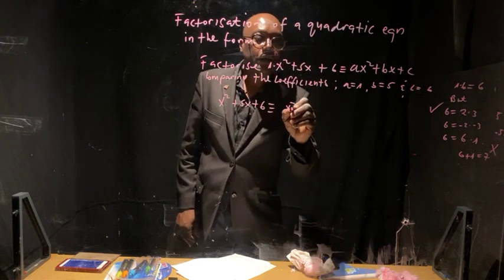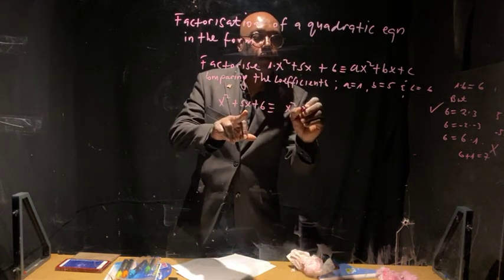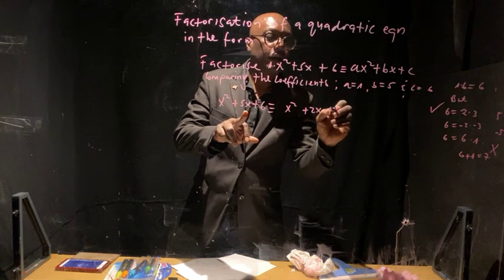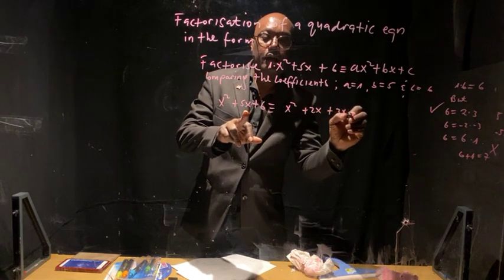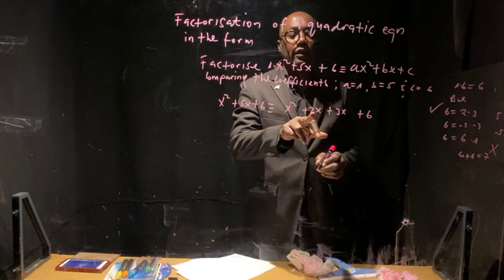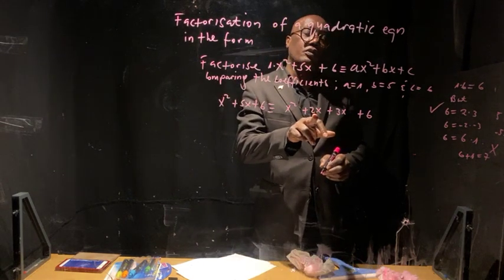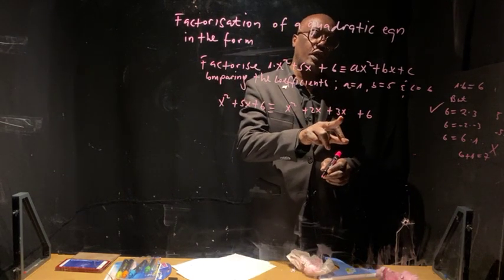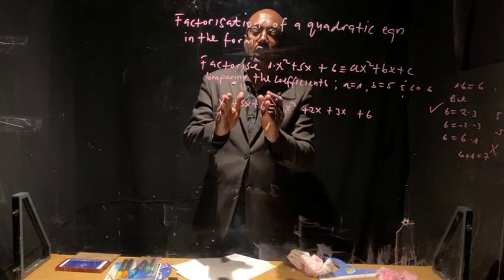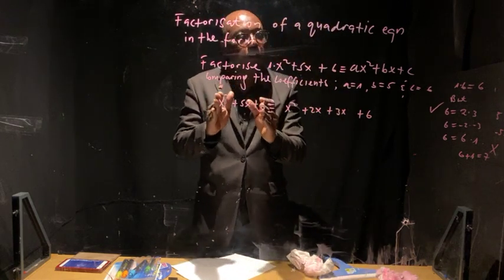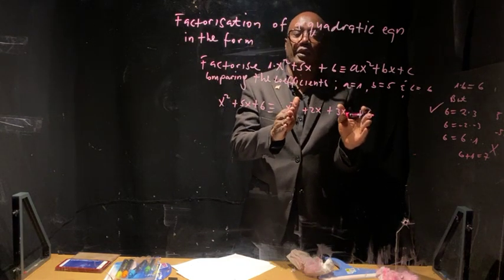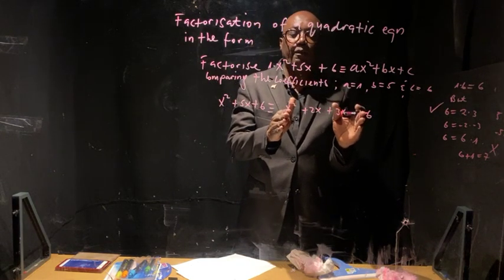It becomes x squared plus 2x plus 3x plus 6. By any means, you can see that if you add 2x to 3x, you have the 5x that is there. So you can see that the left-hand side of the equation is exactly equal to the right-hand side of the equation. This is it.